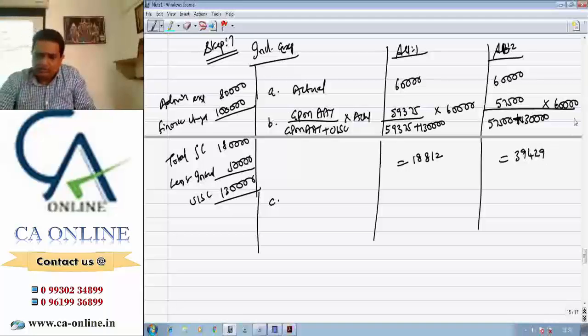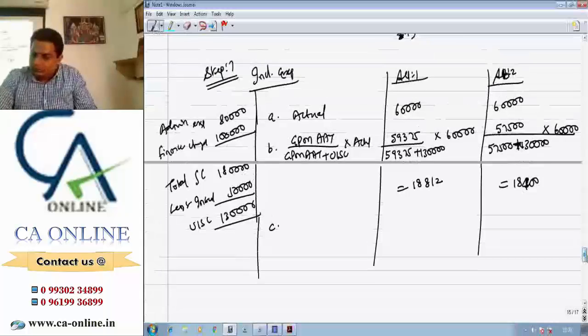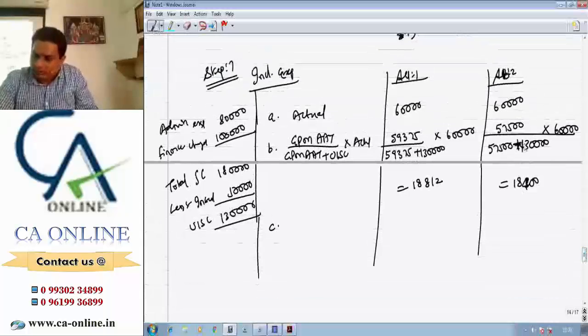No difference. 1,30,000. 57,500 plus 57,500 plus 1,30,000 into 60,000.